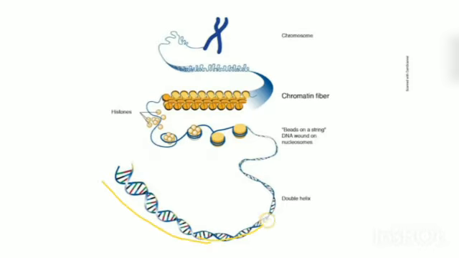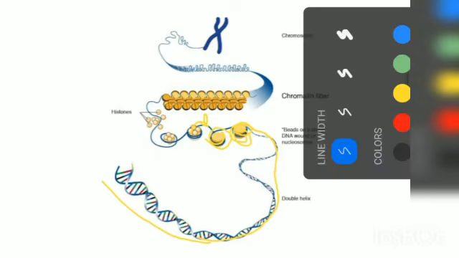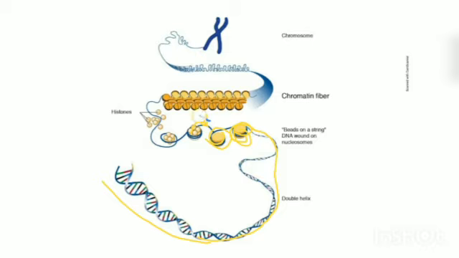When DNA becomes a thread-like structure, it coils around the histone protein, and along with the histone protein some non-histone proteins are also there. They all aggregate in such a manner during the course of cell division by the process of condensation that they form your chromosome. Okay, this one is the structure of your chromosome.